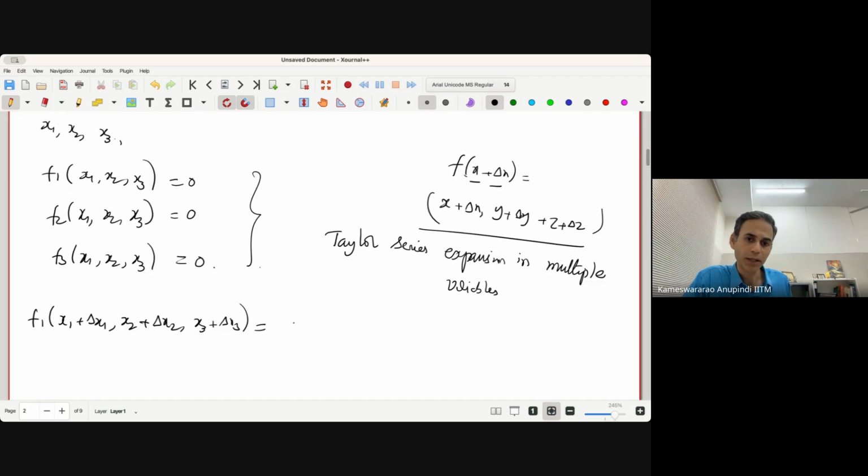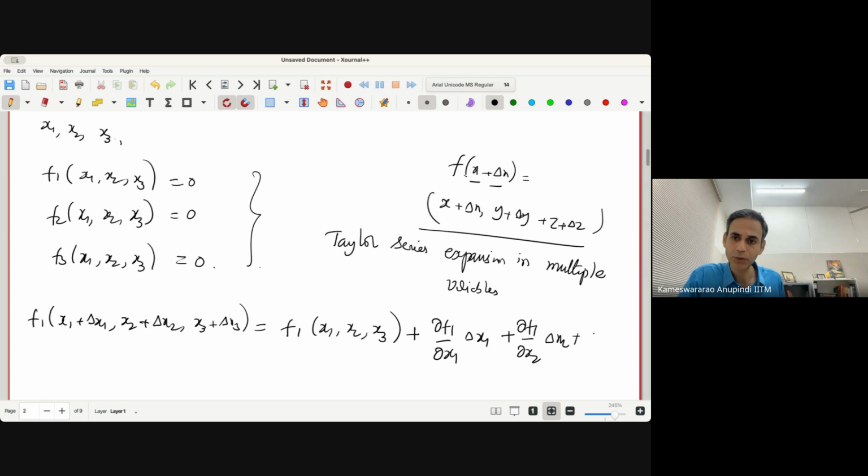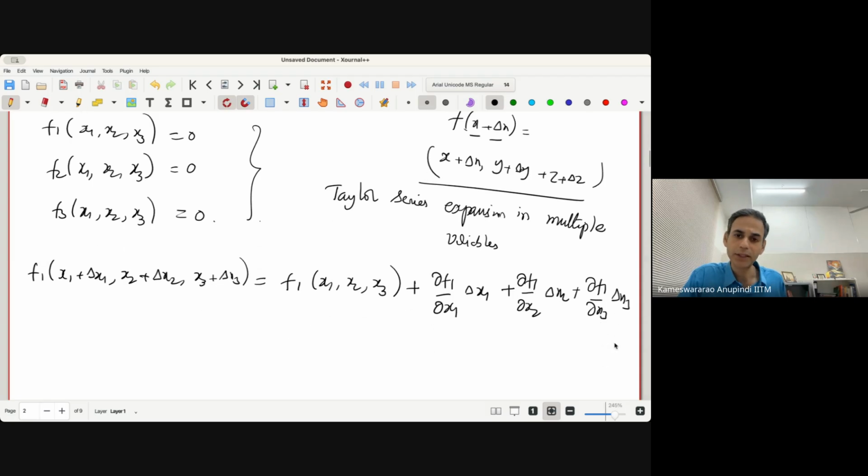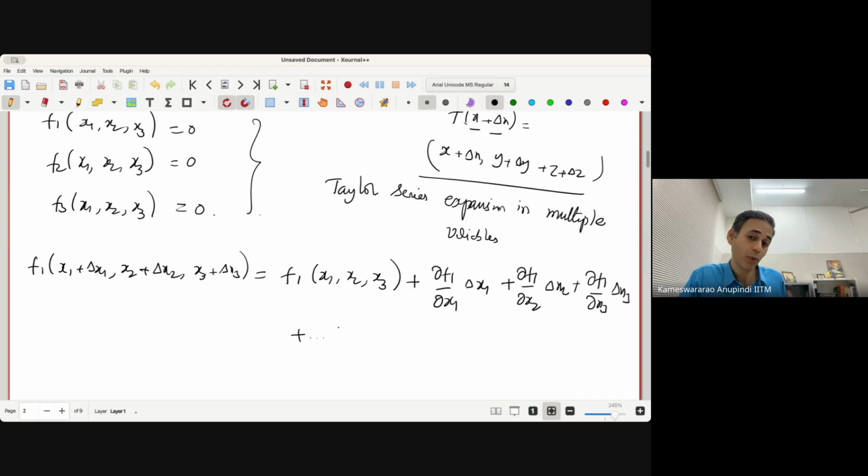That means we are writing this as f1 of x1, x2, x3, which is basically my f of x, plus partial f1 by partial x1 times delta x1, that is for the first variable. Then we have partial f1 by partial x2 times delta x2 plus partial f1 by partial x3 times delta x3 plus, of course, more terms.